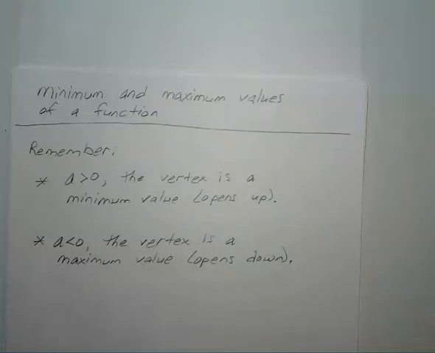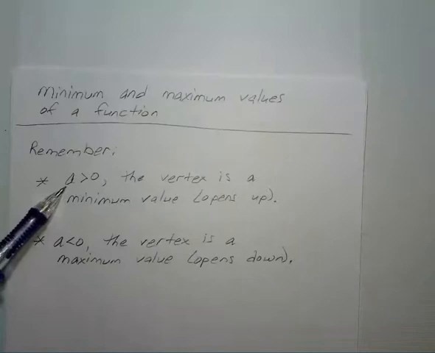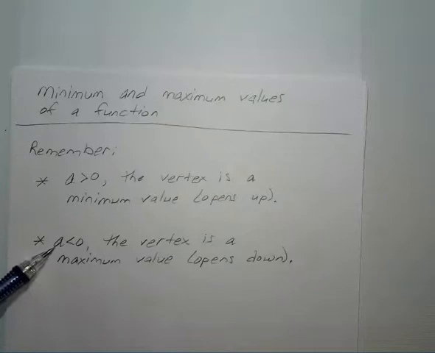Okay, and this time we're just going to look specifically at the minimum and maximum value problems. You have some problems where that's all they're going to ask you about are your minimum and maximum values. Remember, when a is greater than 0, or your a is positive, the vertex is the minimum value. When a is negative, the vertex is the maximum value.